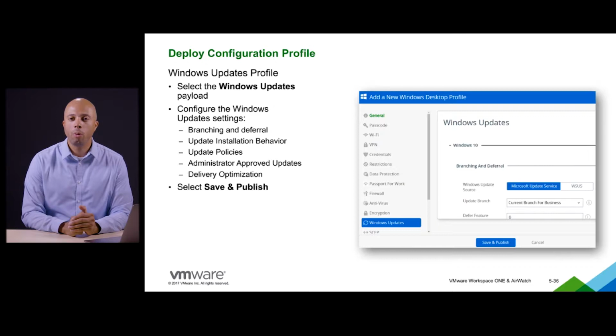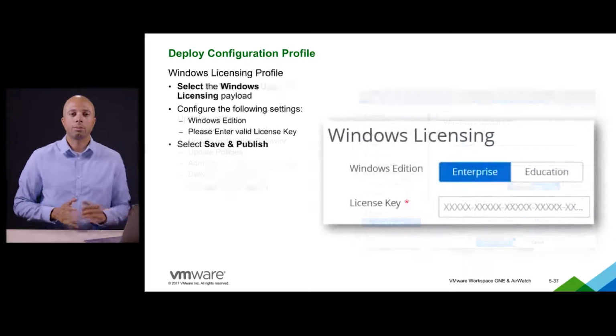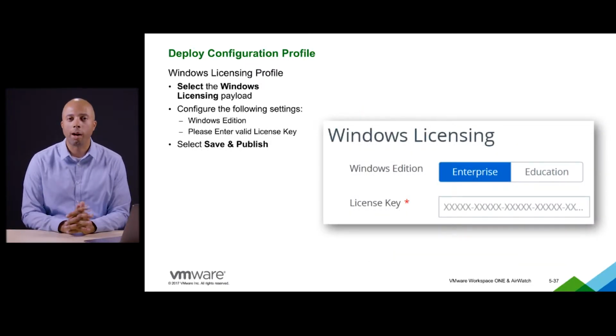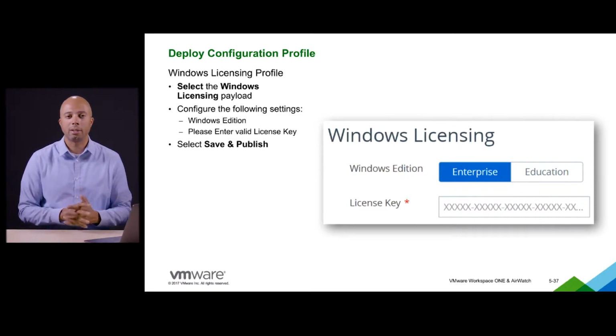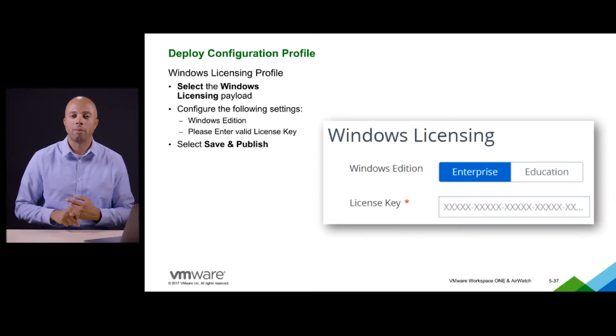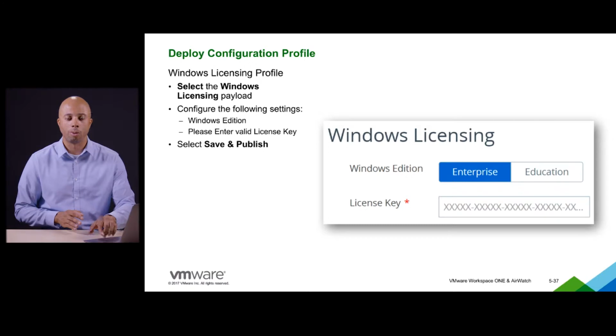Windows Updates payload, we can push down Windows Update to enhance our devices' security, and we can do that over the air. Windows Licensing profile, we can select the Windows Licensing payload and configure the following settings. The edition, we can configure the license key, and we can push that down to all of our devices. And then, of course, you can have it on Enterprise and push it down to all of your Enterprise devices enrolled.